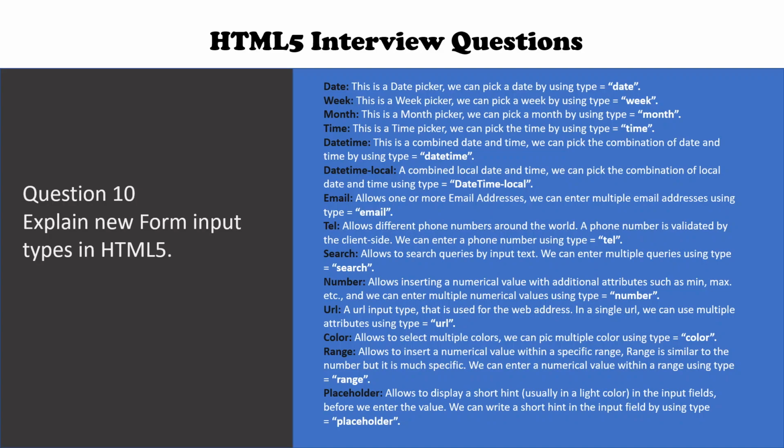It allows selecting colors. We can use it by using type equal to color. Range. It allows inserting a numerical value within a specific range. Range is similar to number, but it must be specific. Placeholder. It allows displaying a short hint, usually in light color, in the input fields before we enter the value.